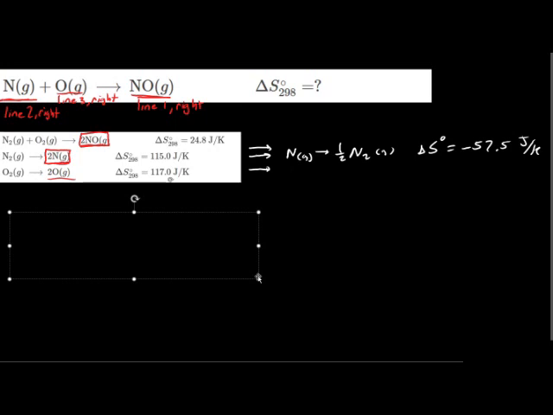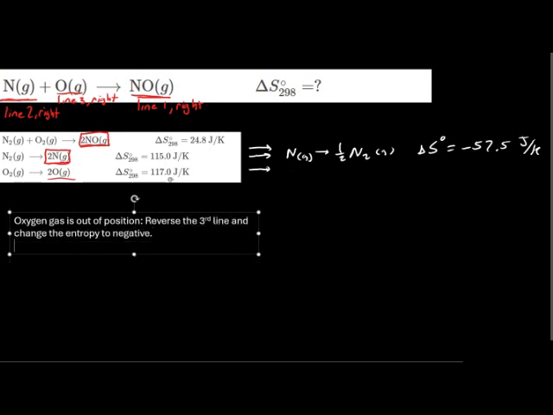Now let's examine the next item in our target equation, which was oxygen gas. If we look at our target equation, oxygen gas is on the left, but in the system of equations below, we see oxygen gas is on the right. And this means oxygen gas is out of position. To fix that, we will reverse the third line, and then we will change the entropy to negative.